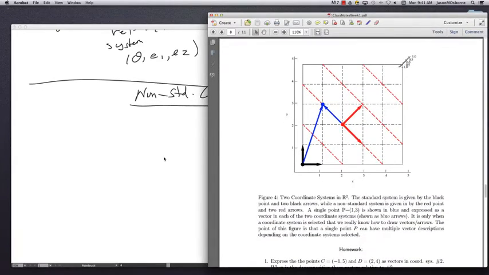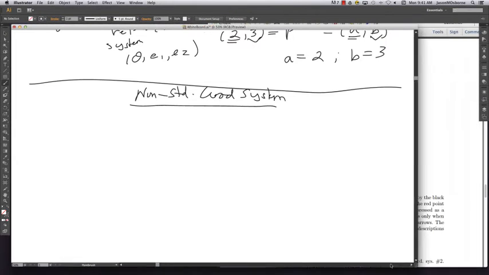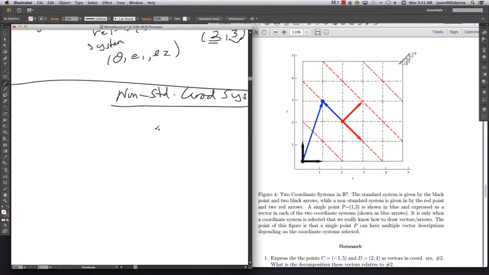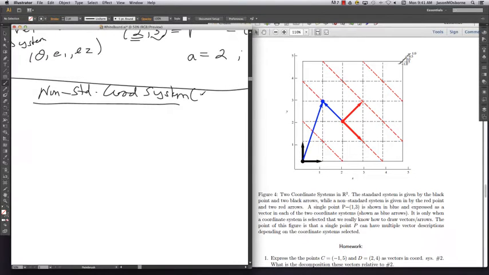So here, what we have on the screen is our non-standard coordinate system. This is the red coordinate system. Notice that we're going to have a different set of gridding. The black is our standard coordinate system. Our non-standard coordinate system, the red one, is given by an origin and by 2 vectors.